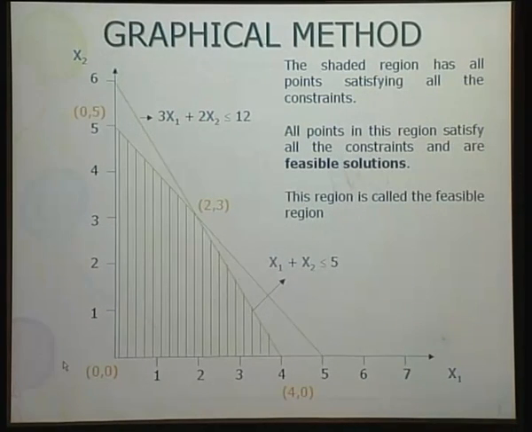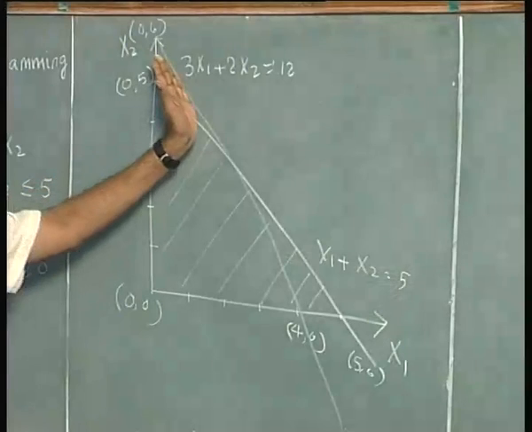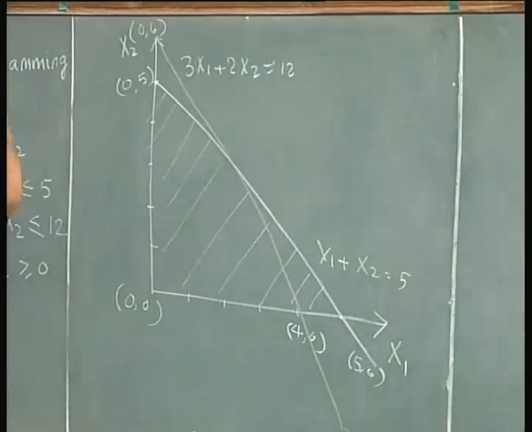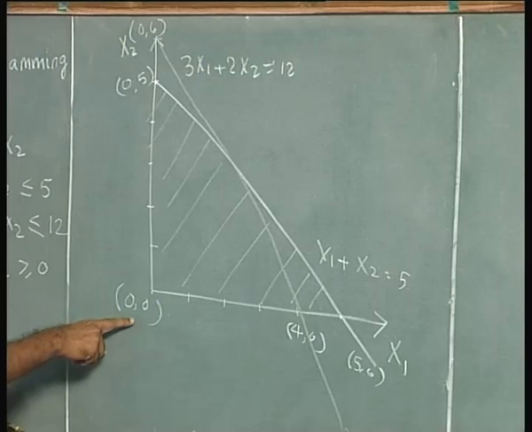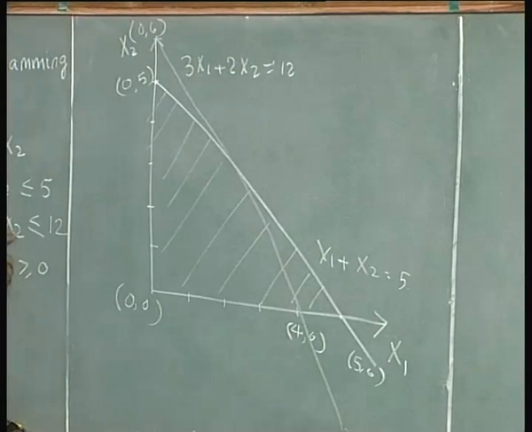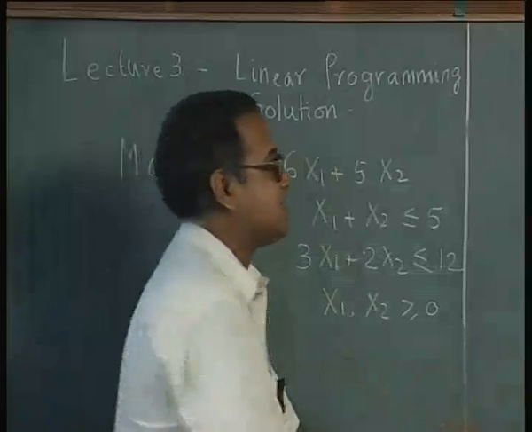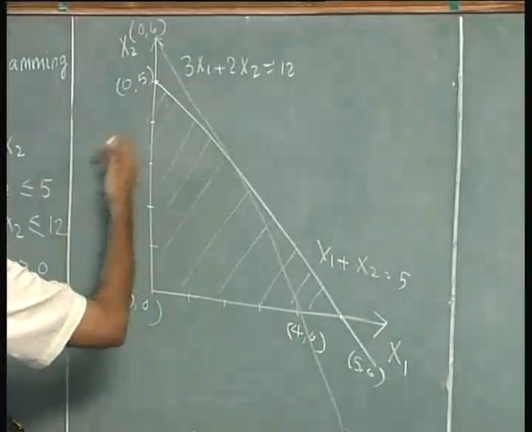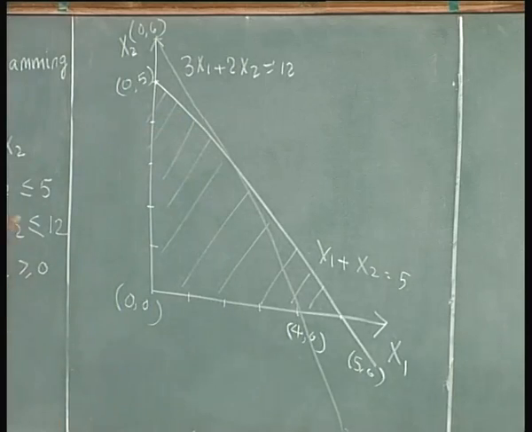Again this line divides the first quadrant into 2 regions, one which is less than or equal to and the other greater than or equal to. So, once again we evaluate 3x1 plus 2x2 at 0 comma 0 and realize that the portion to the left of it is less than or equal to 12.